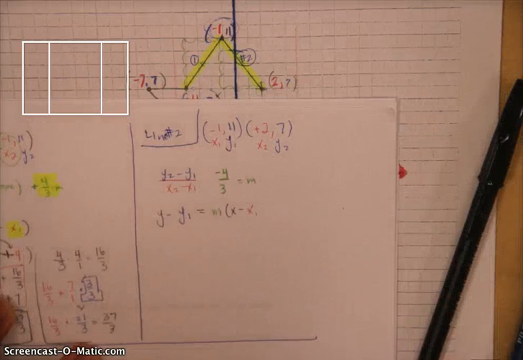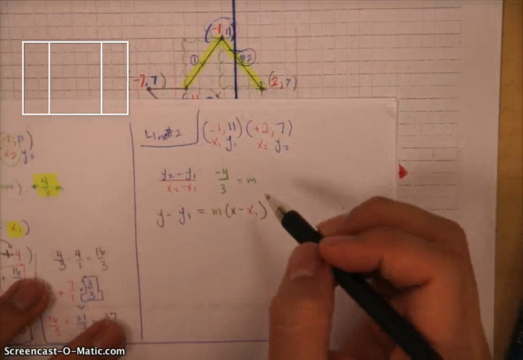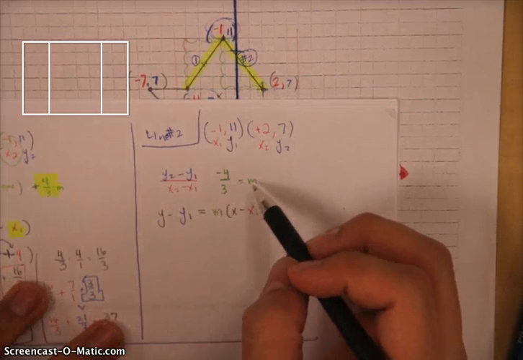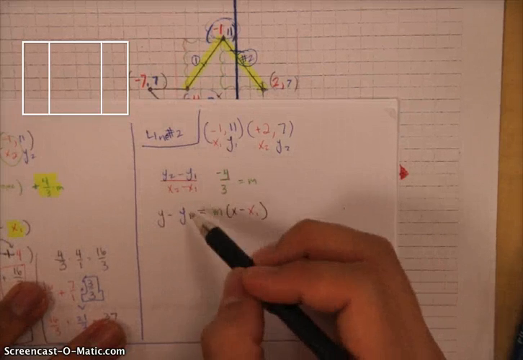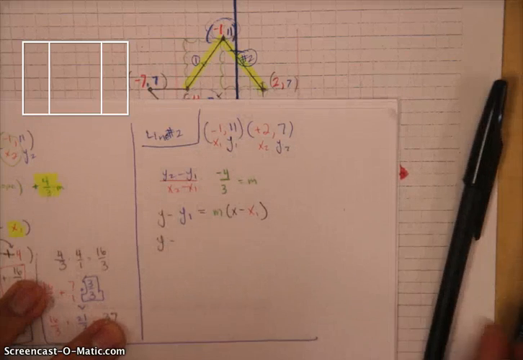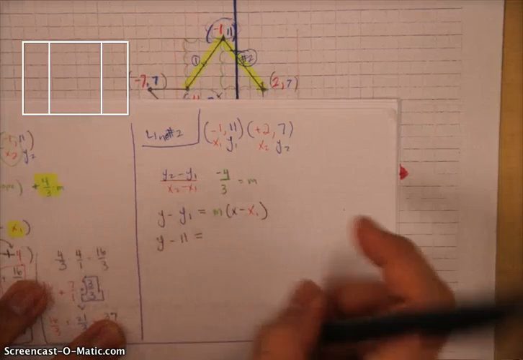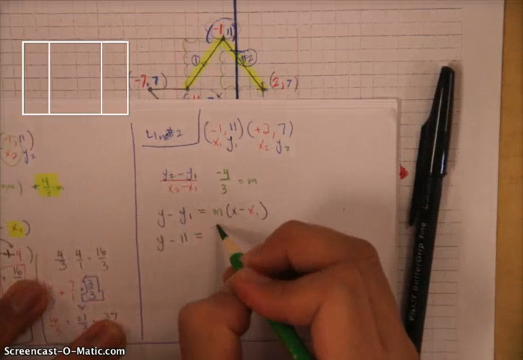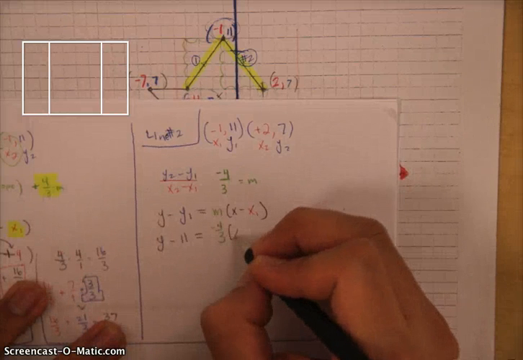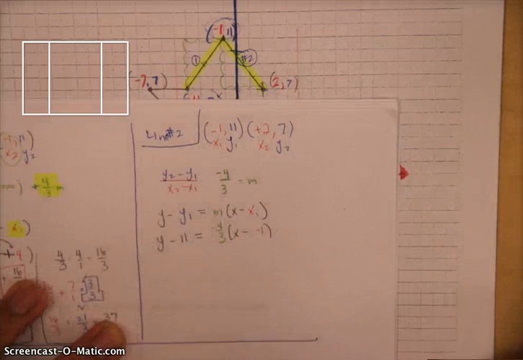I went through all this hard work of color coordinating everything to make it relevant to you guys, so please take into account the colors that I'm using: green for slope, red for x's, blue for y's, etc. Y minus our y1 value, 11, equals our m value, negative 4 over 3, times x minus our x1 value of negative 1.